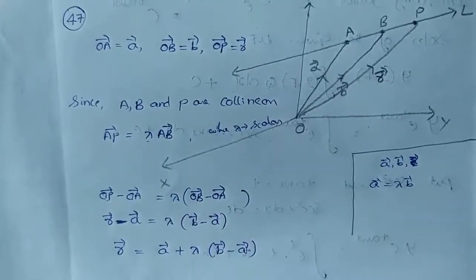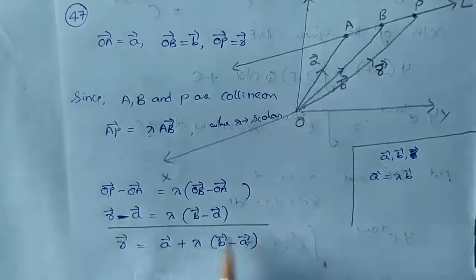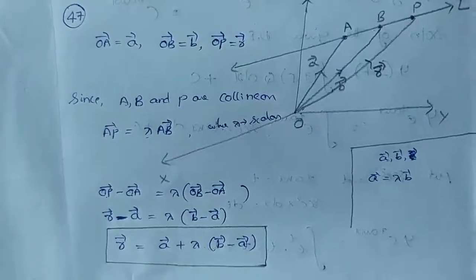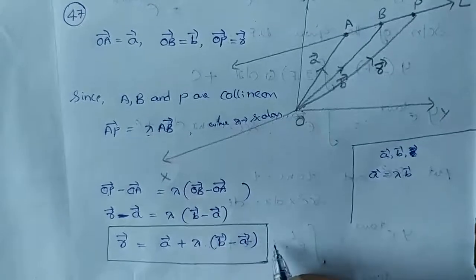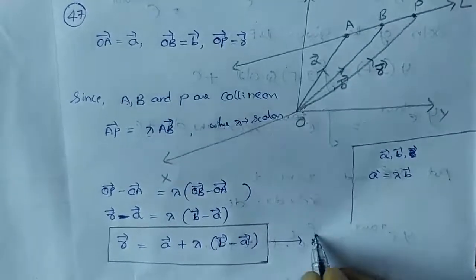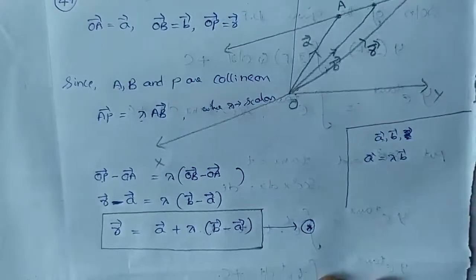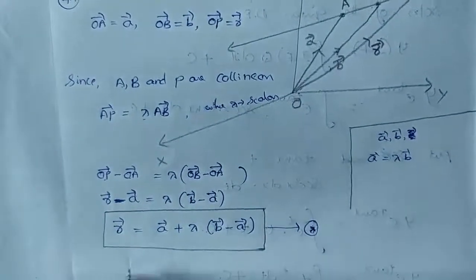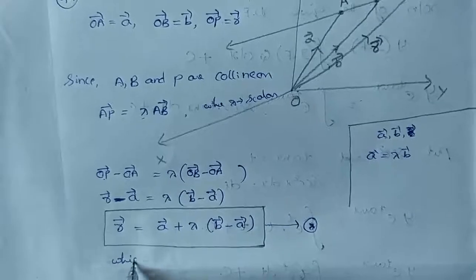Hence, this is the required vector form of the equation of a line passing through two given points. Call this equation star. Vector form is over.